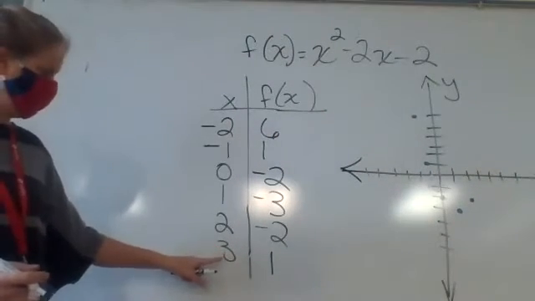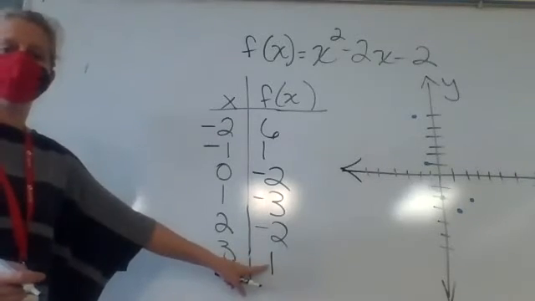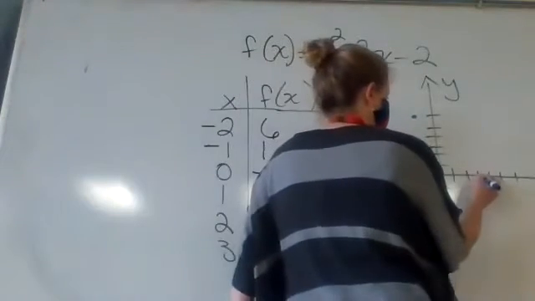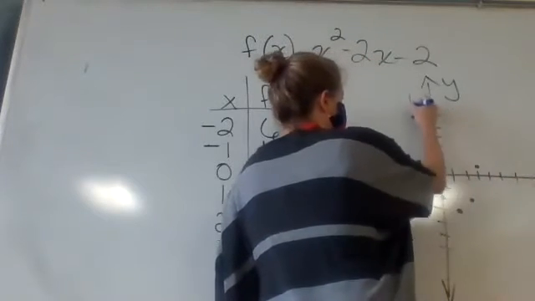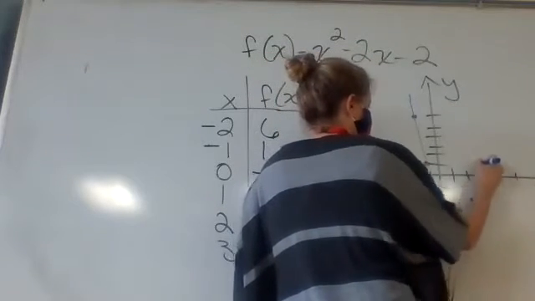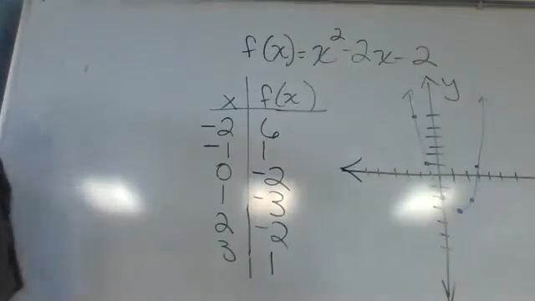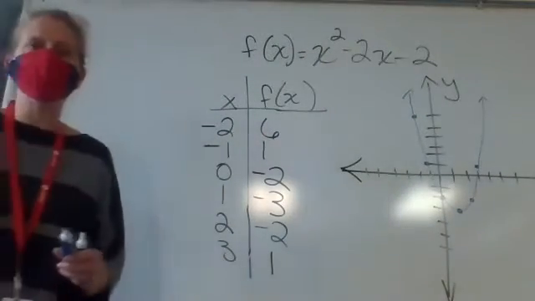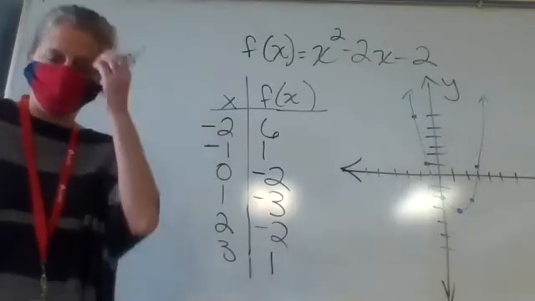Then the last one, to the right 3 and up 1. To the right 3, up 1. So I'll notice now, when you connect those points, it makes that U shape. And again, that comes from it being an X squared graph.